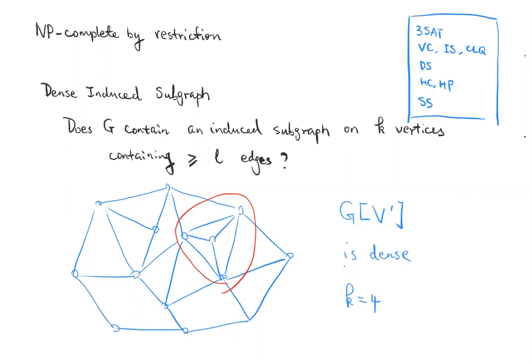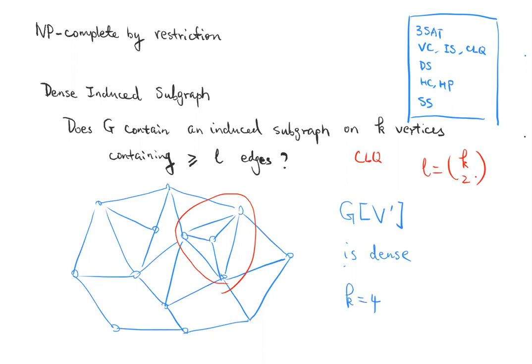We can use any one of them to show that a problem we're going to prove contains one of them as a special case. In this case, it's quite obvious. Clique is a special case because by setting L equal to K choose 2, the densest subgraph we can obtain is a clique.